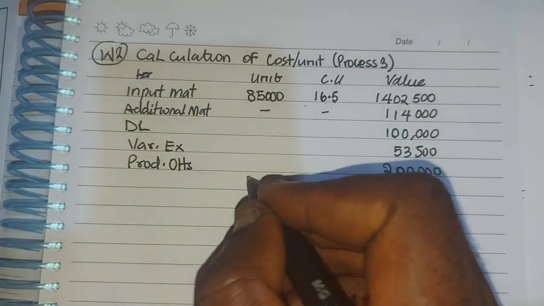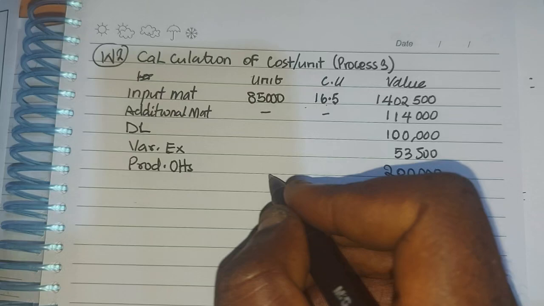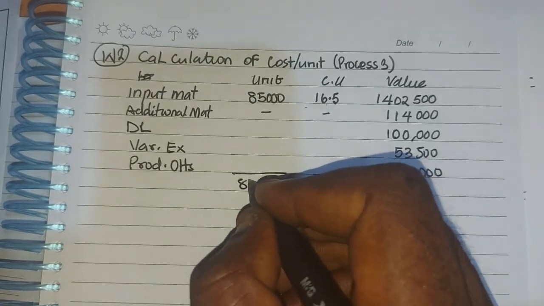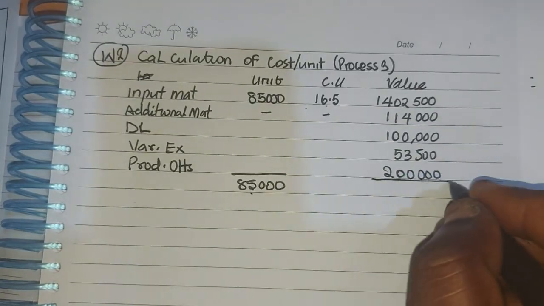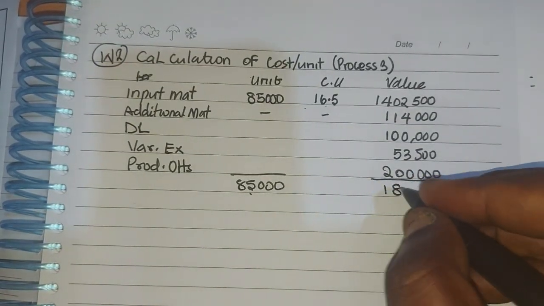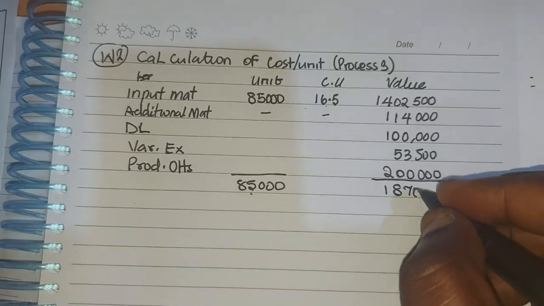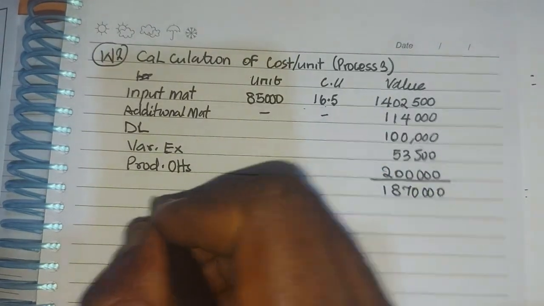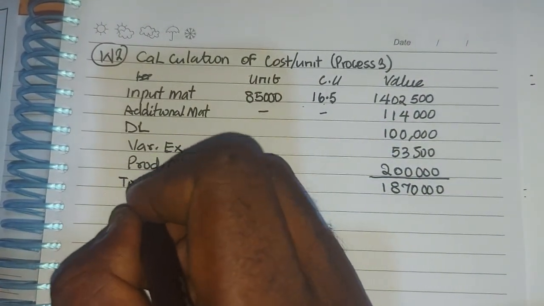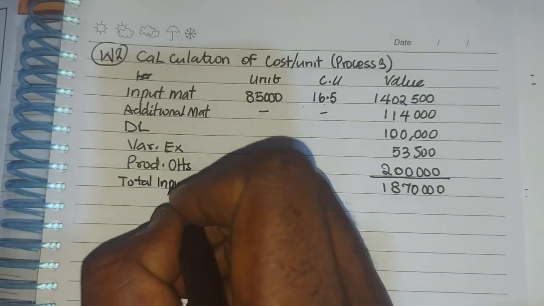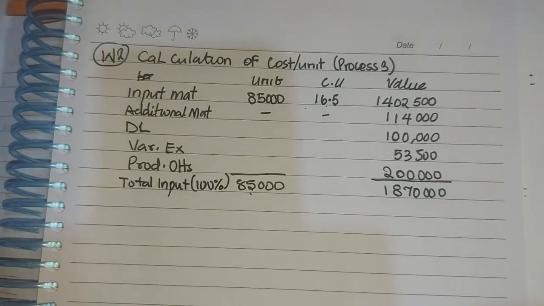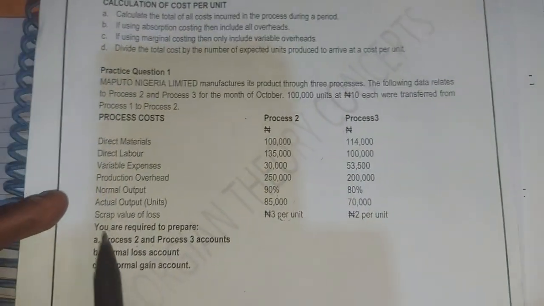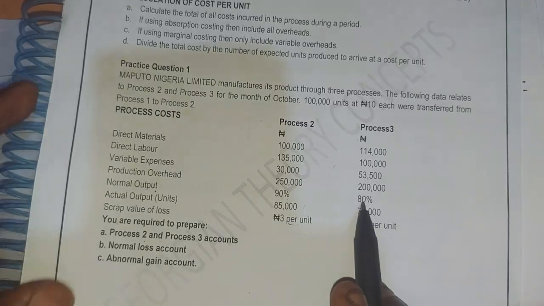All right. Then we need to get a total. That's the total input, 85,000. Then the total here is 1,870,000. Then I told you this is the total input, which is always 100%, and you are told that the normal output, which is the expected output, is to be 80% of the input.